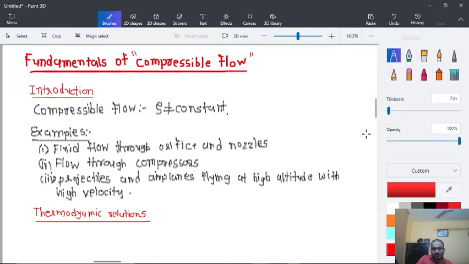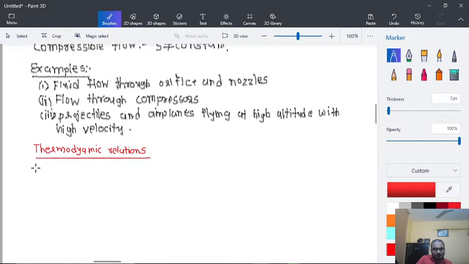First is equation of state. We already know this, we are just revising very quickly.